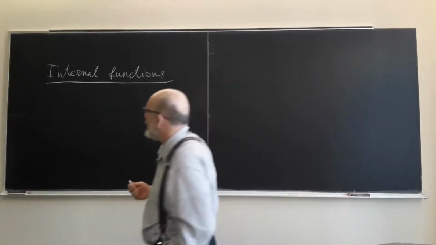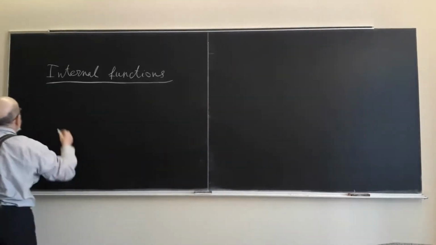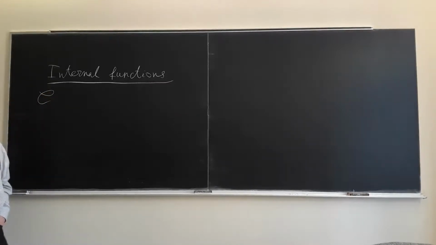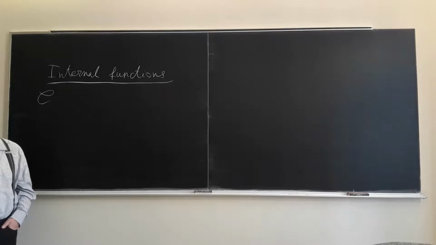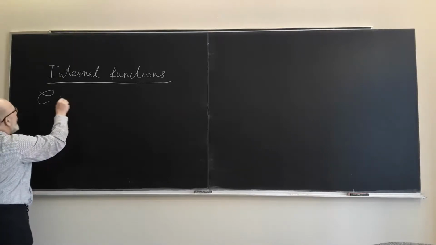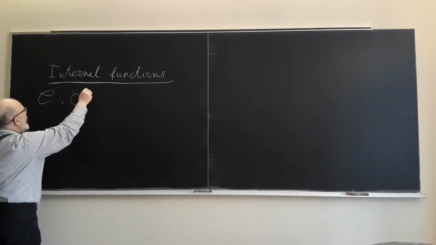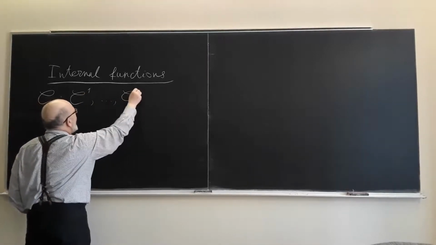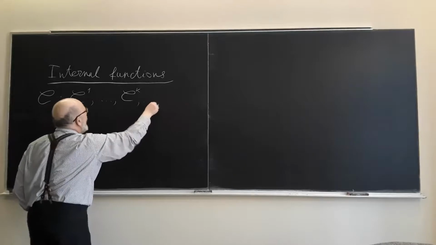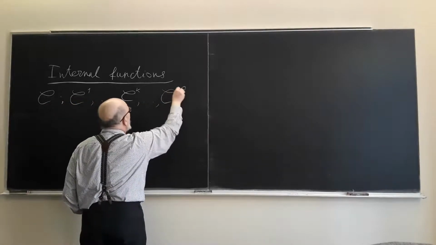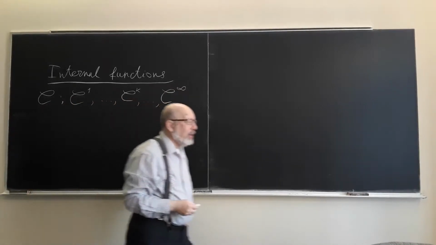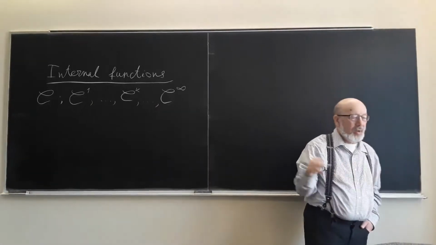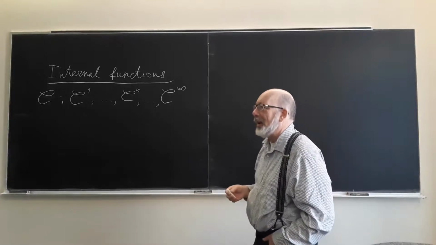In particular, we consider the set, say C, the set of continuous functions. We can also consider C1 and so on, Ck, C infinity. These are well-defined sets of functions, say on the real line.